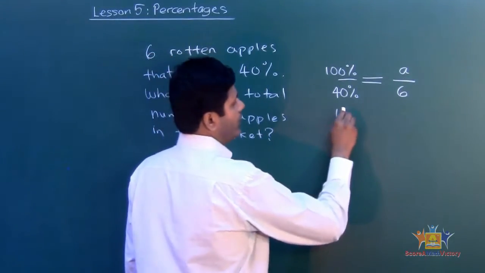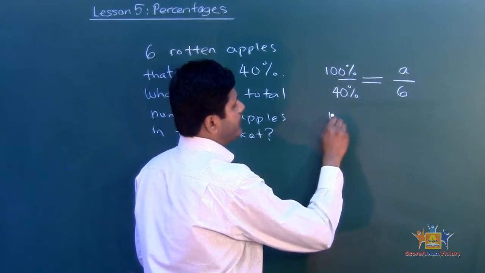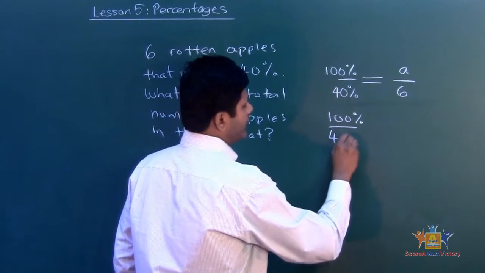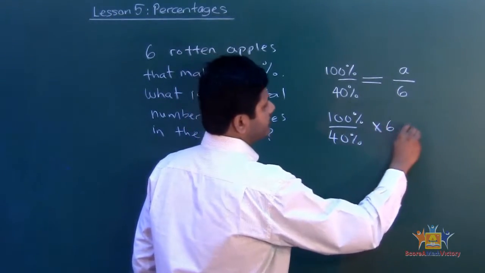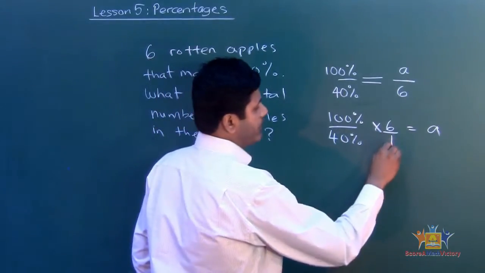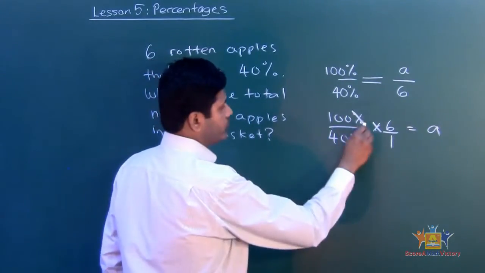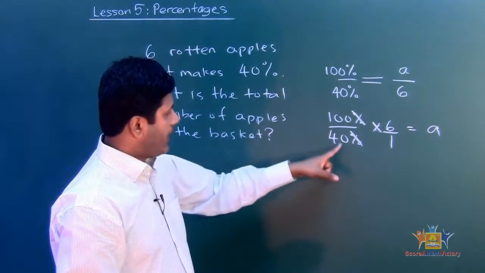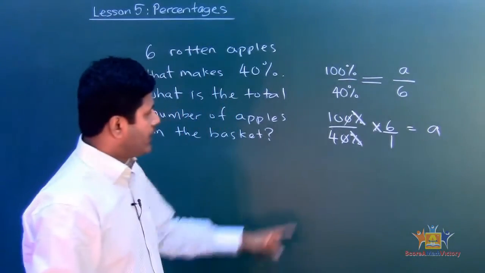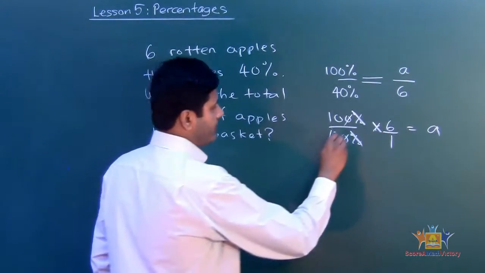So 100% over 40% times 6 equals A. Now we put the 6 over 1 and keep it as a fraction. Now look at that. Percent, we're going to cancel that, so percent goes away. Now I can cancel 0 and 0. I can divide 4 by 2, and 6 by 2. So I'm going to divide this by 2.